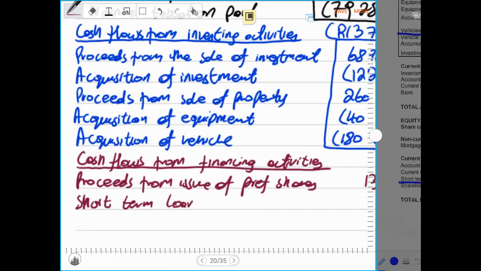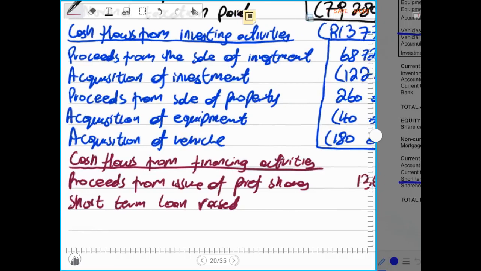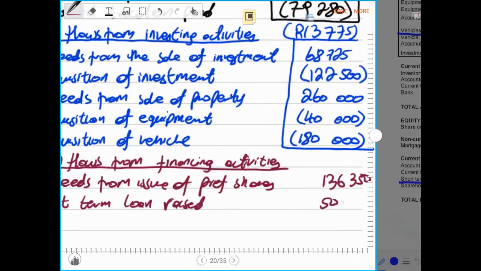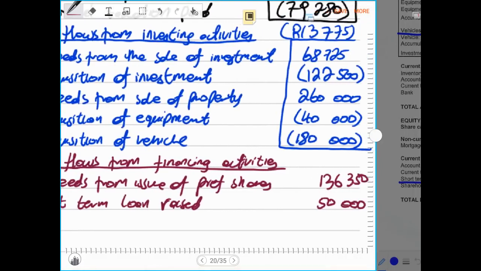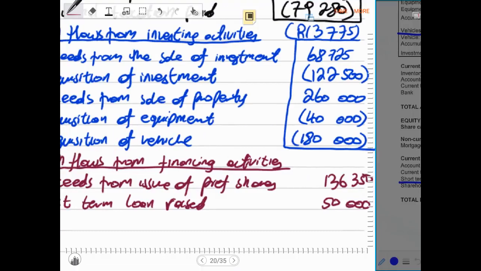That is money that came into the business because of the loan, so it will be positive 50,000 rands.